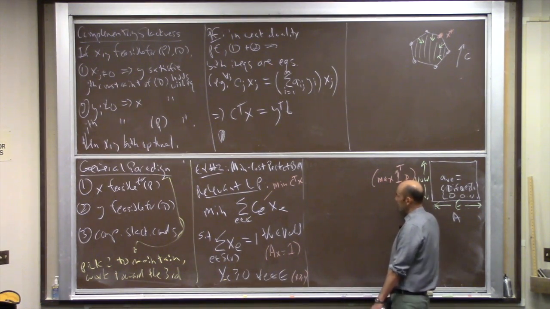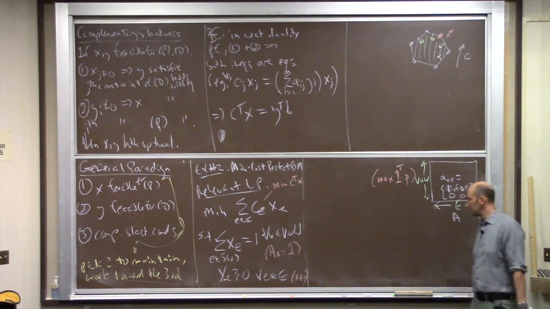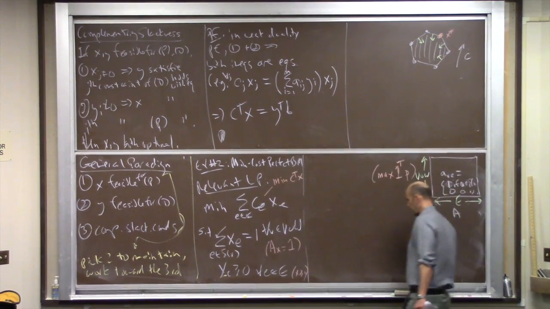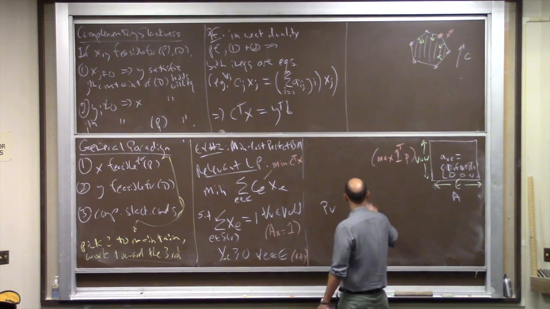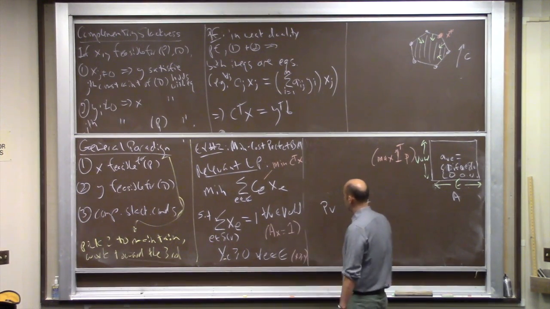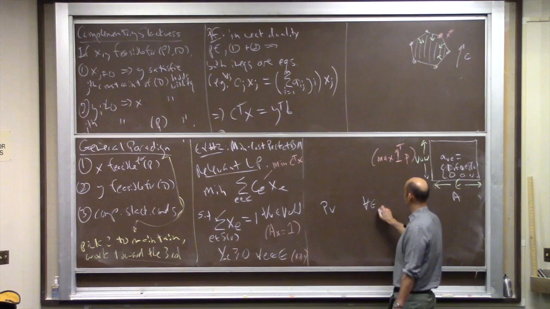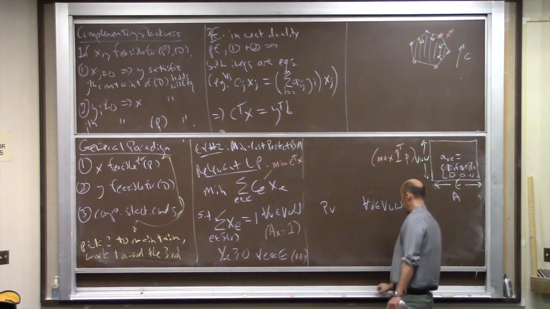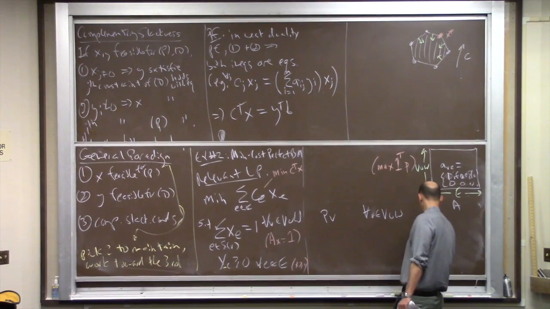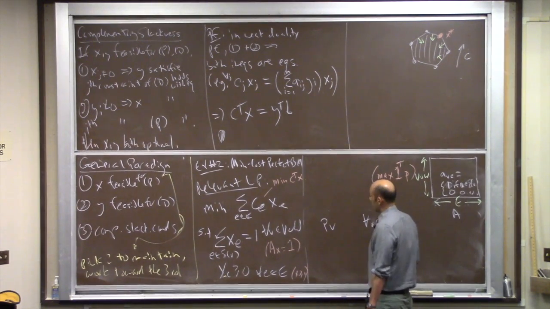I'm going to use P to denote the decision variables for reasons that will become clear. The constraints here correspond to vertices, so over here, the dual variables are going to correspond to vertices. I'm going to write them P sub V.